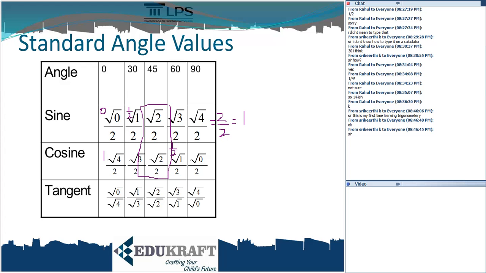So tan of 30 is 1 upon root 3, tan of 45 is 1, tan of 60 is root 3, tan of 90 is undefined. Remember this, tan of 90 is undefined. So when you have root of 0 or 0 in the denominator, the function is undefined.